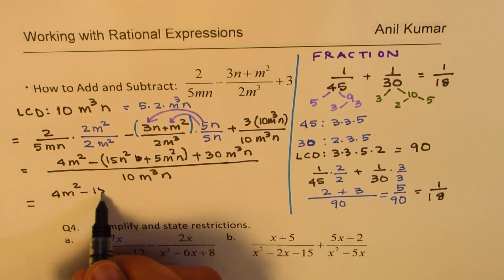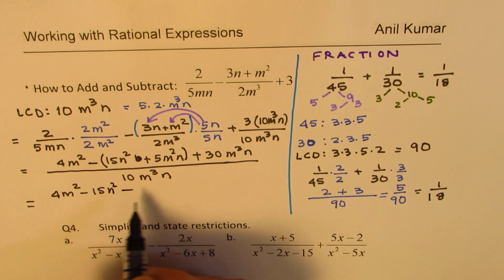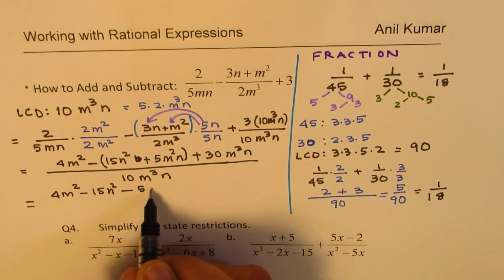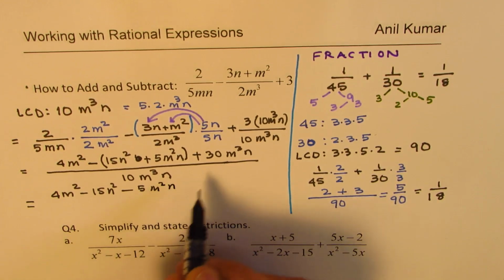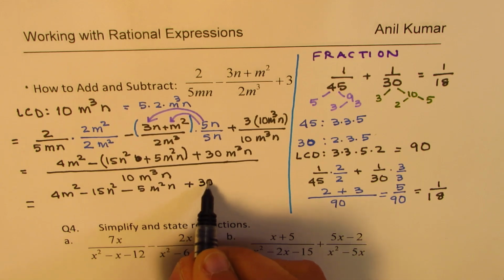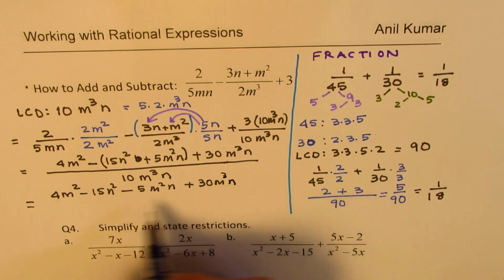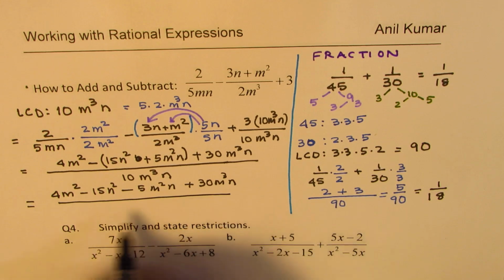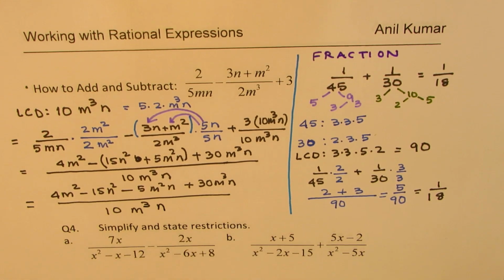We'll have minus 15 n square, and this is also minus 5 m square n, and that is plus 30 m cube n, and the denominator is 10 m cube n. Is that clear? So that is the first part, where we have added and subtracted our rational expressions.